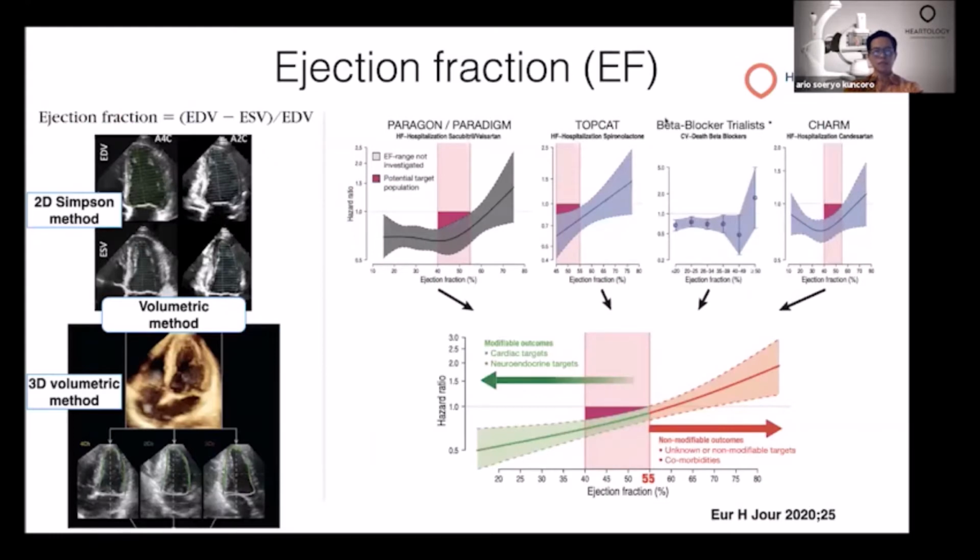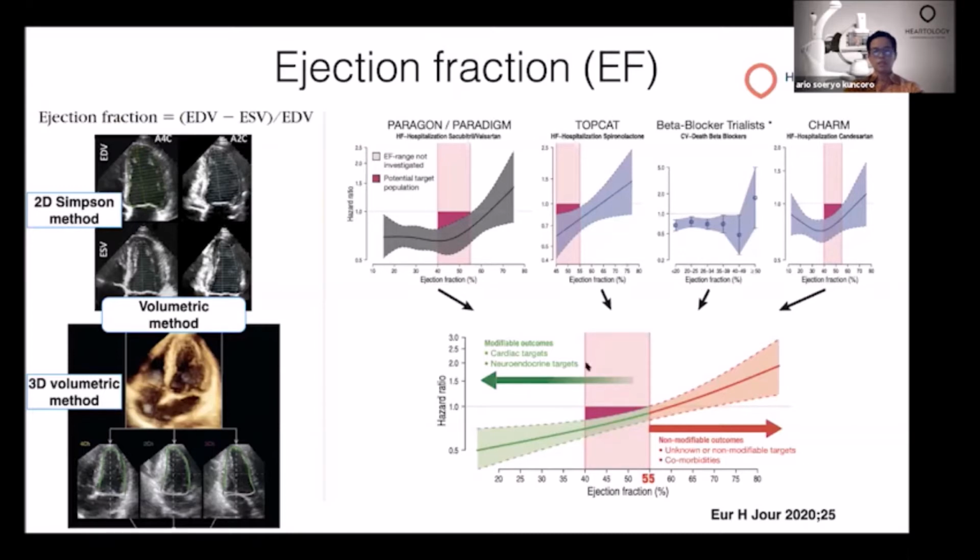So ejection fraction is a very well-known parameter, as I have mentioned already, used in almost any studies evaluating LV function or systolic function. Every study out there must have mentioned the ejection fraction, because this is considered the sole parameter to define systolic function.